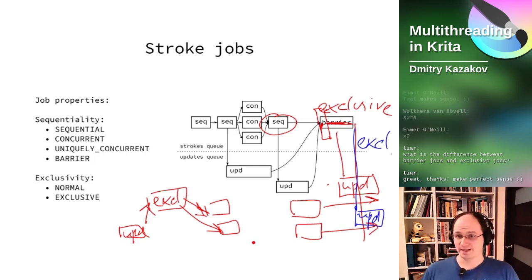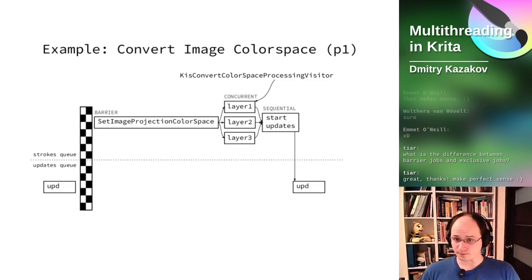Now I have an example of how we use processings, which are also a subtype of strokes. So here I painted how we do conversion of image color space.